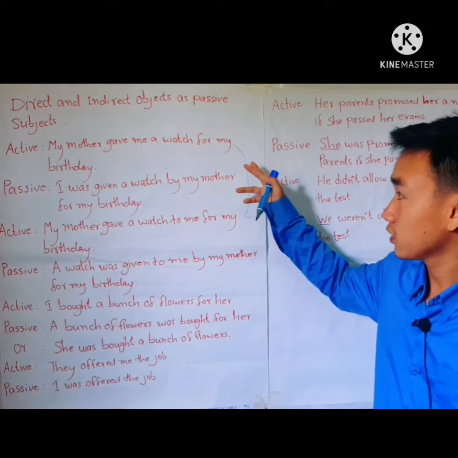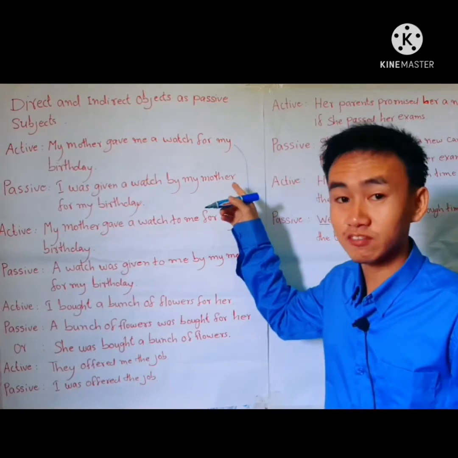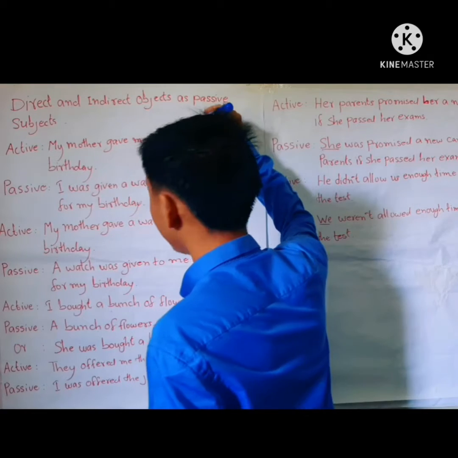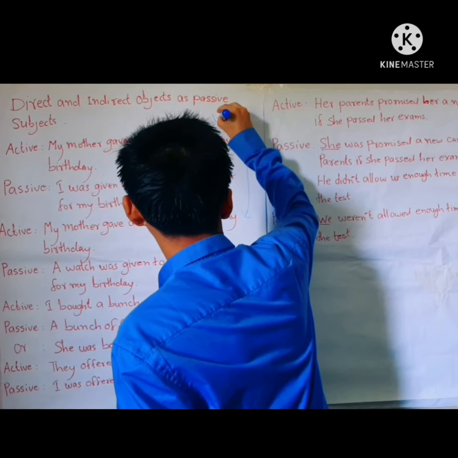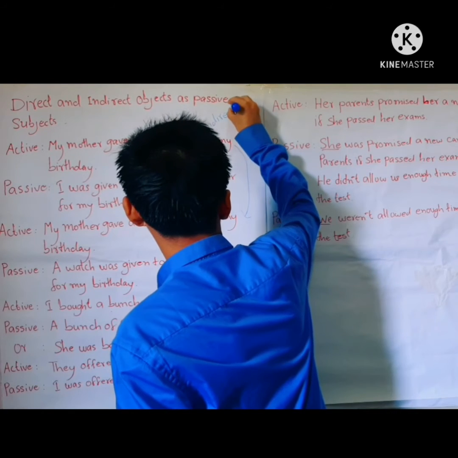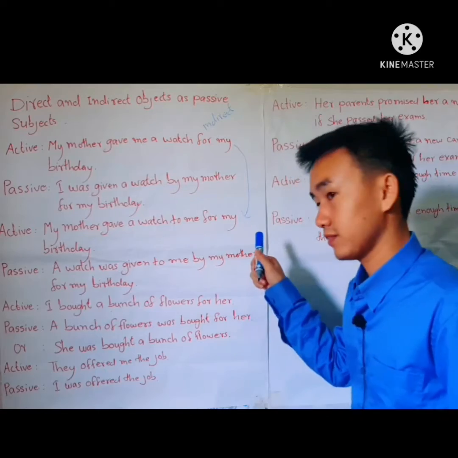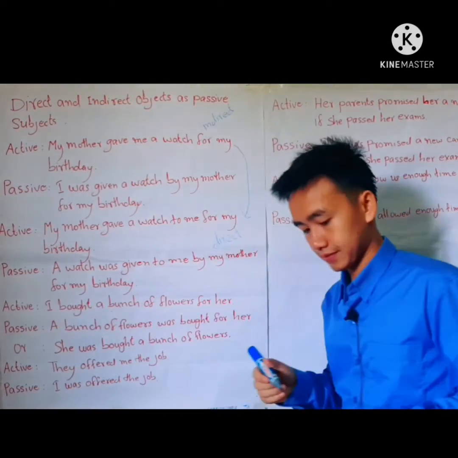In this one, we call it the indirect object, right? Right here. All right, and in this one, the direct object.